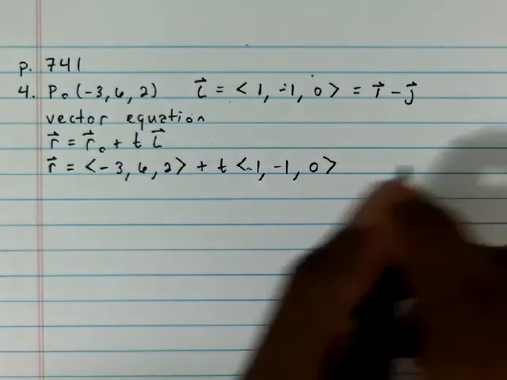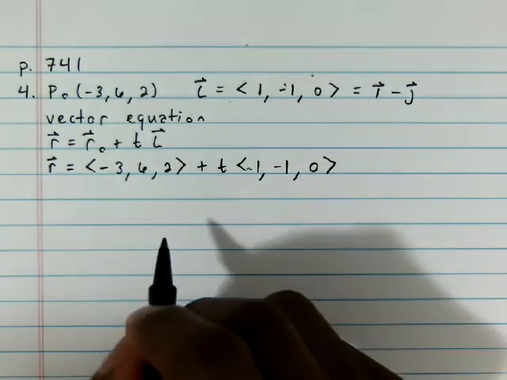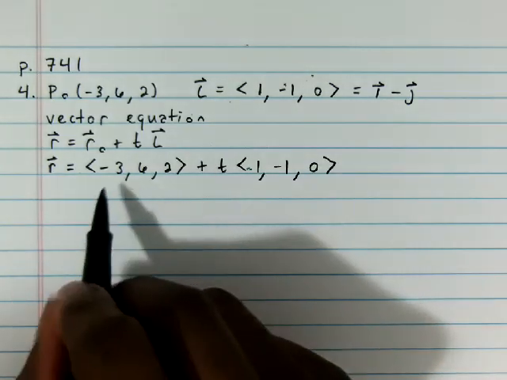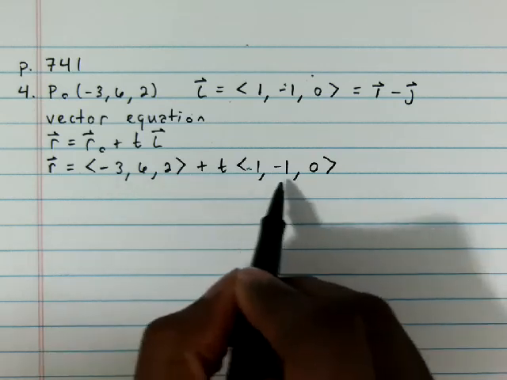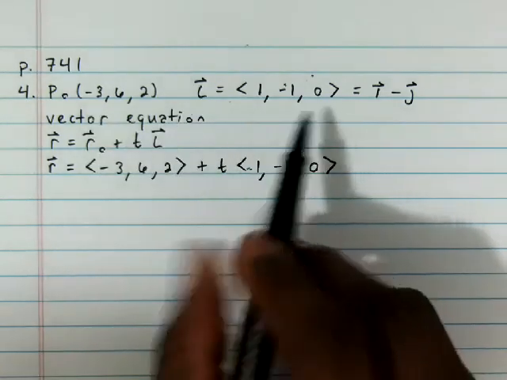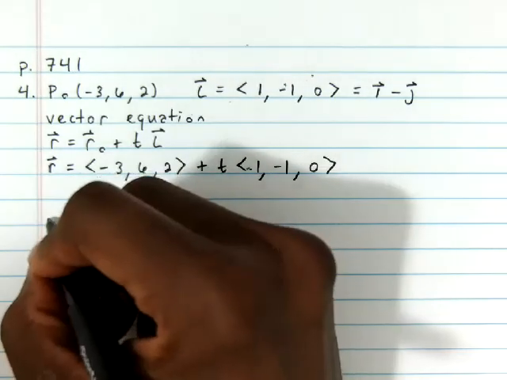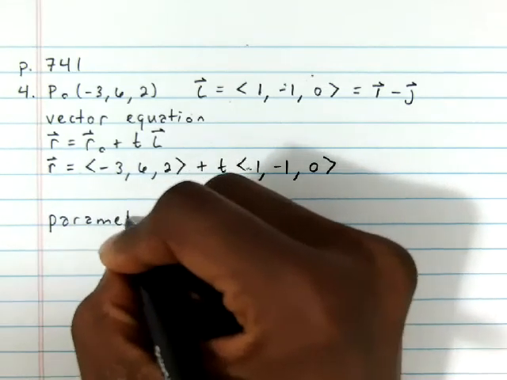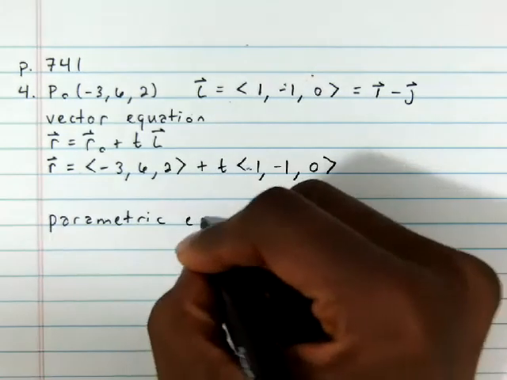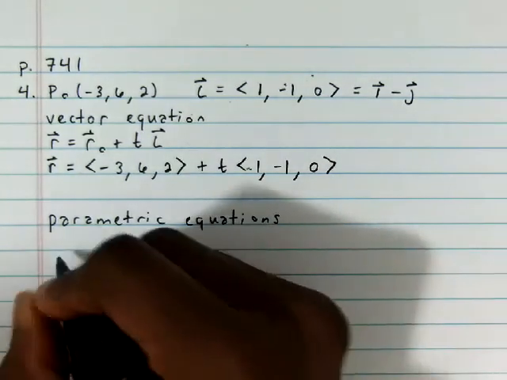Now, in order to set up our parametric equations from the information they give us, let's pull out our X naught, our Y naught, our Z naught, our A, B, and C. Of course, we could have done that from the very beginning, but in order to prepare us for parametric equations, we'll do that now.